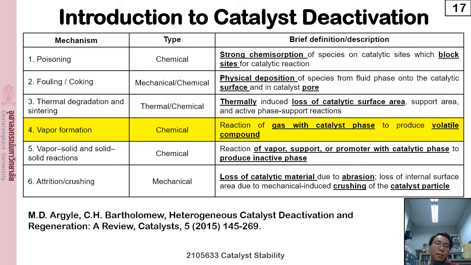It means your active site is lost as a vapor into the solution, or in the gas phase it will be lost into the gas. This occurs from the reaction of gas, the incoming reactants, or even the byproducts, the products, with the catalyst phase to produce a volatile compound.